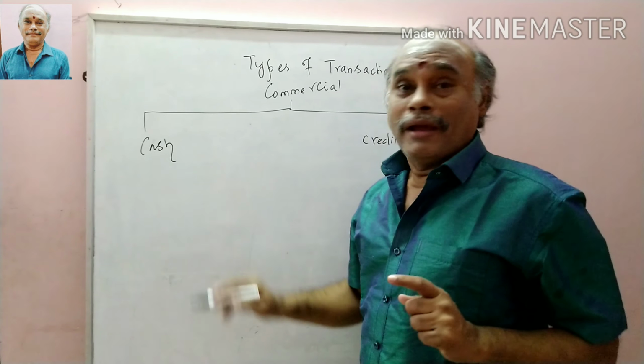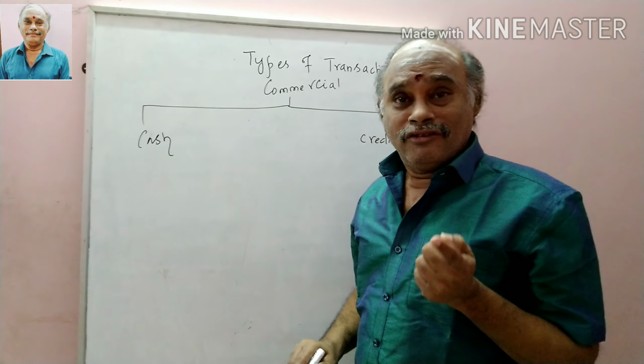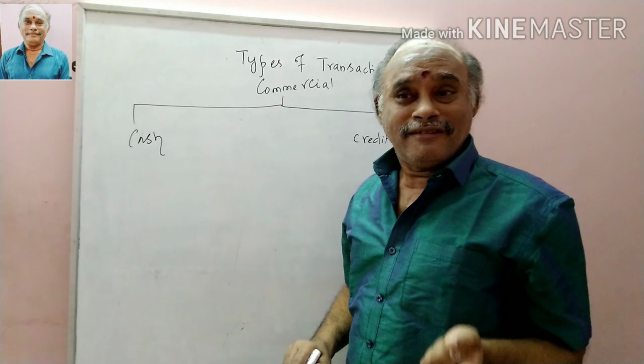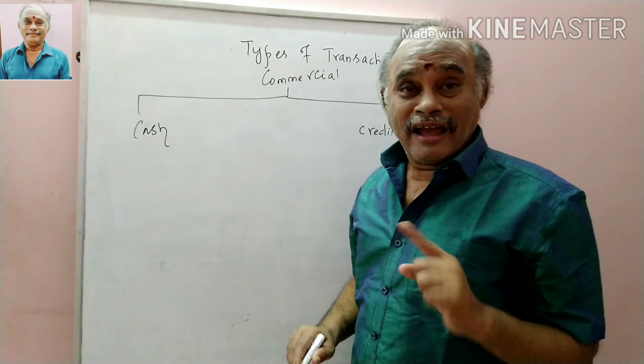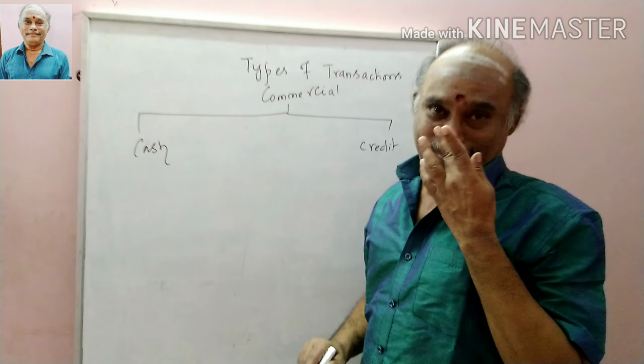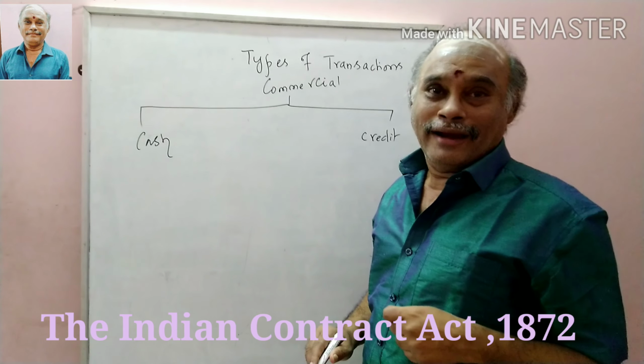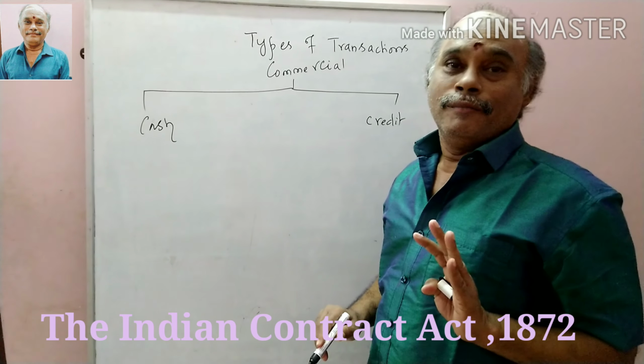Now what do you mean by cash transaction? Cash transaction is a transaction where exchange of goods and services as well as cash will pass on immediately. If you go to the Contract Act, it says executed contract.